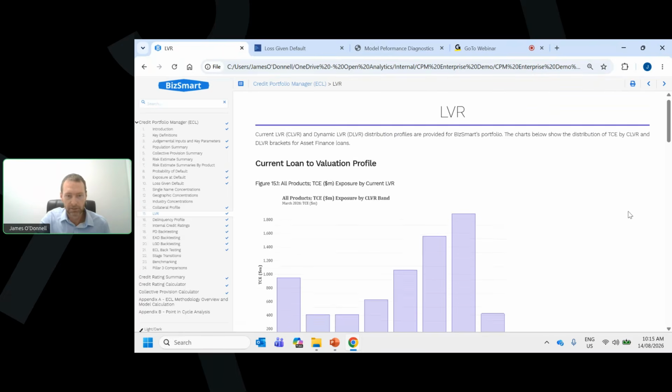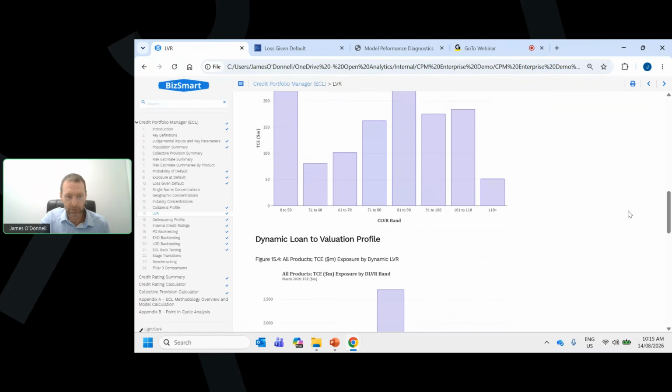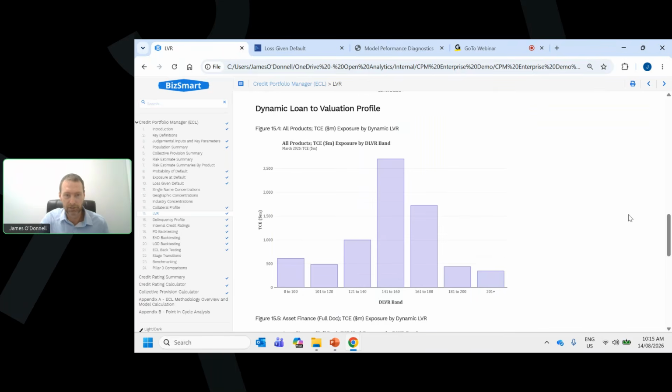Now, we show different versions of LVR in the reporting, but it's probably this dynamic loan-to-value ratio that's important for LGD. What this is, it's actually a liquidated value. So it factors in both the depreciation of the asset and the likely shortfall from forced collateral recoveries under a liquidation event.